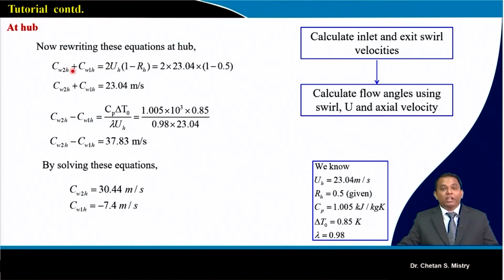So if I will be putting this in this equation for degree of reaction and my work done equation, where I know all these numbers, it says my CW1 and CW2 at the hub station we can calculate. And that's what is coming. My CW1 at the hub is minus 7.4 meter per second and my CW2 at the hub is 30.44 meter per second.